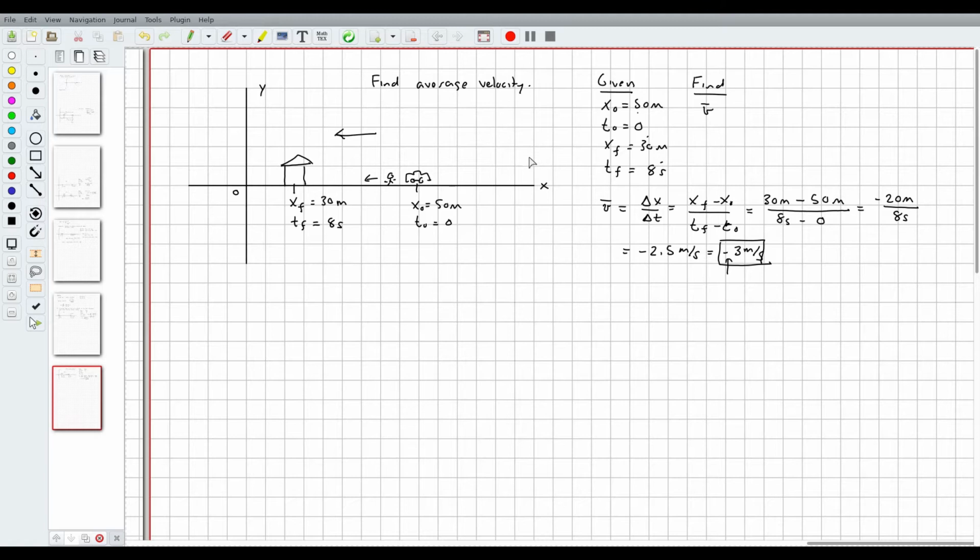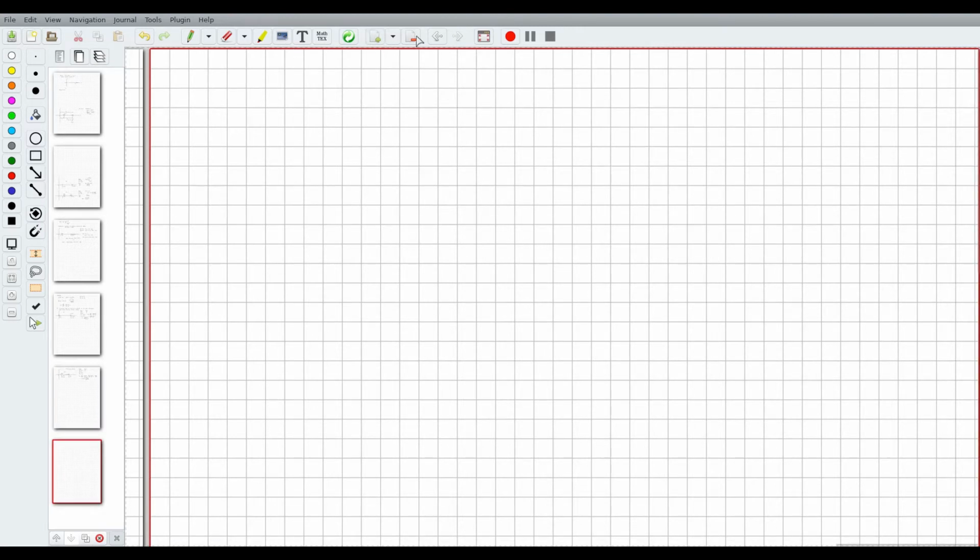So what I'd like to do now is to look at the graphical interpretation of average velocity, because I think it helps a little bit. So let's draw something here. This is probably something that everybody here can get. You've probably done it yourself.